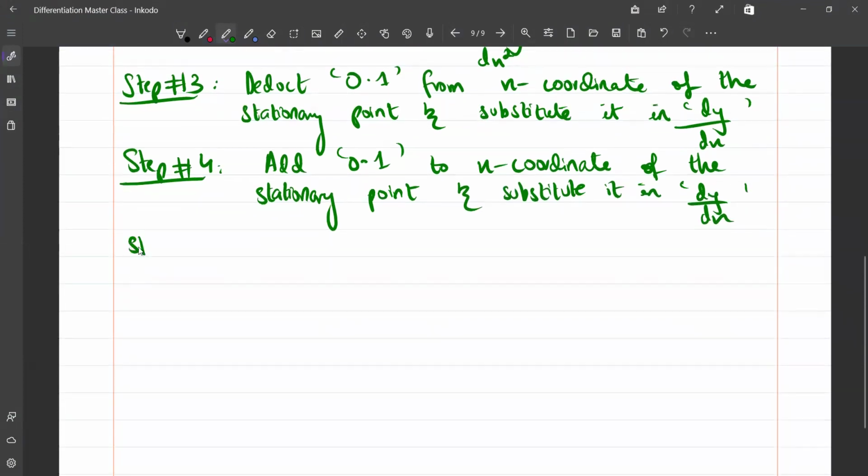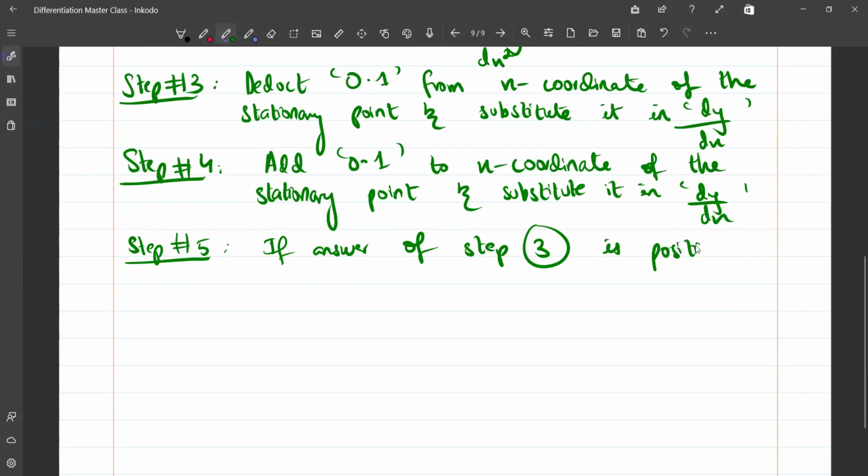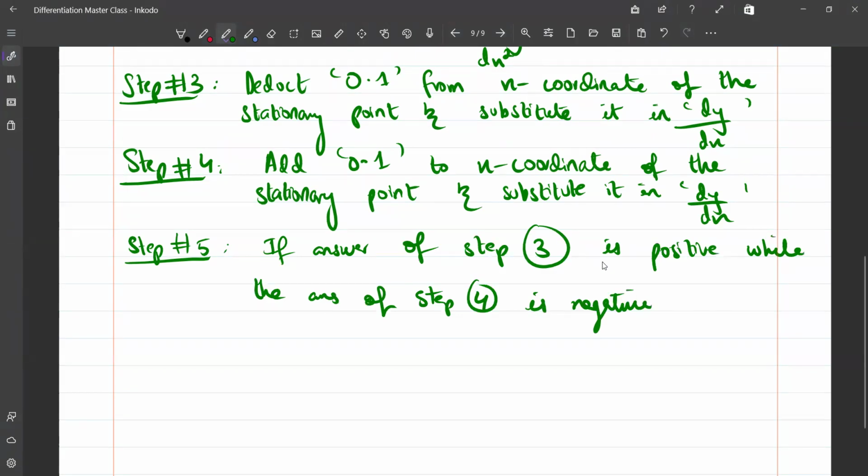Step number 5. If the answer of step 3 is positive, while the answer of step 4 is negative, right? This means that the turning point is the maximum turning point.